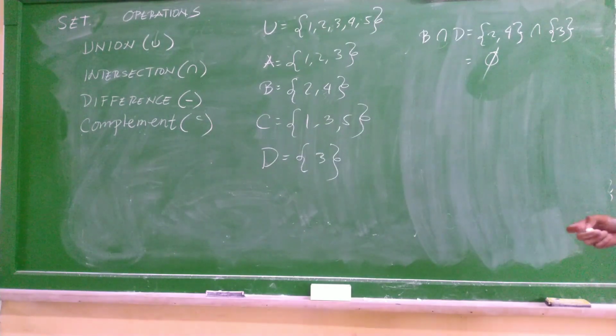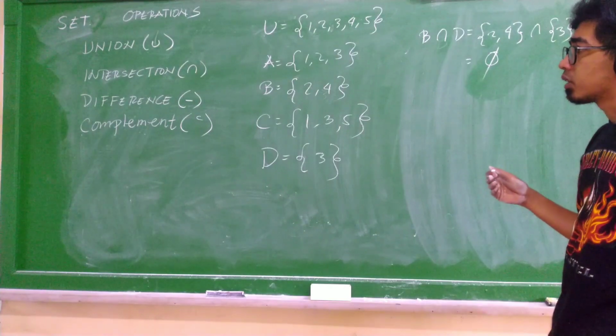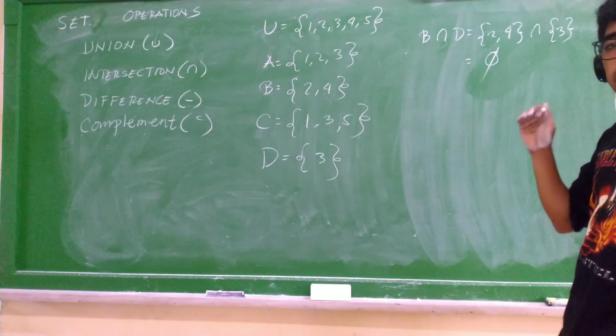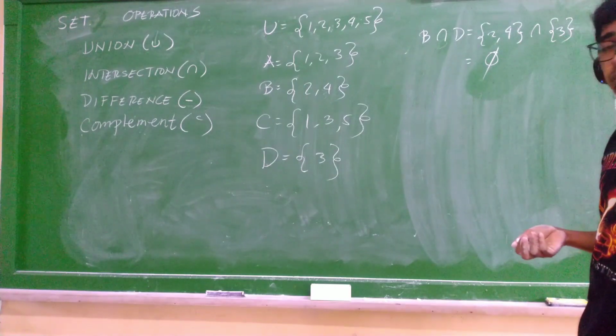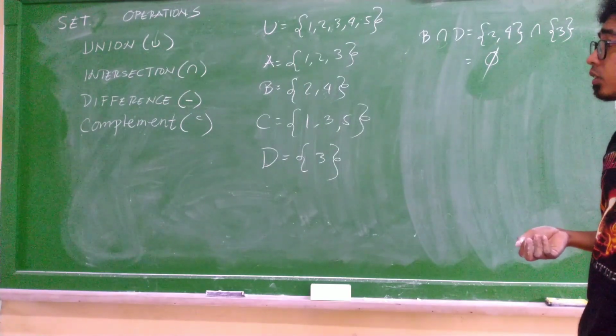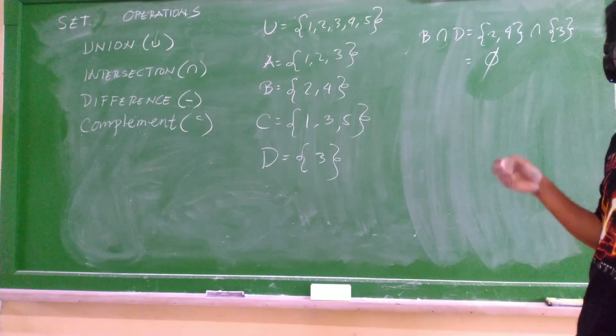Alright. Difference. When we say difference, we remove what is common and we are left with what is left of the first set. So in intersection, we choose what is common. In difference, we remove what is common.